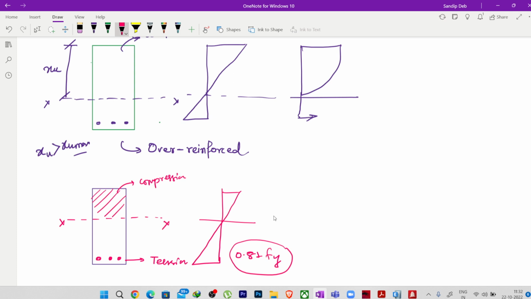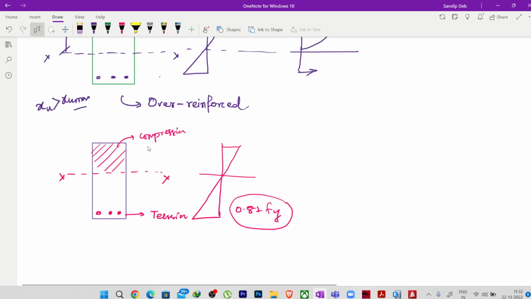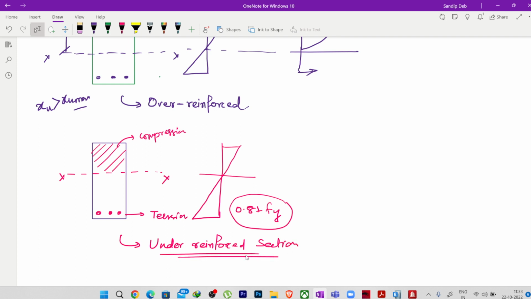Okay, so as the reinforcement is reaching its maximum tensile stress before the concrete reaches its maximum limit, we call this an under reinforced section. So in this case, the XU that we are getting, the neutral axis depth, will always be less than our XU max value.